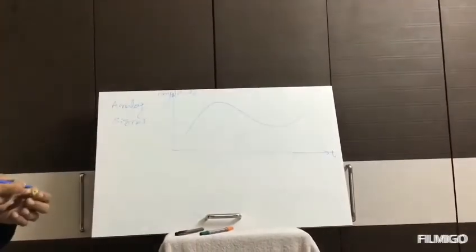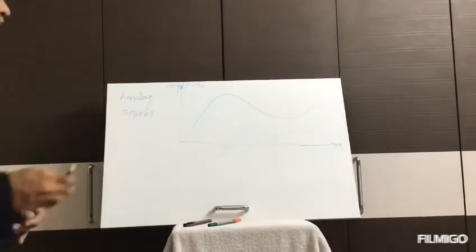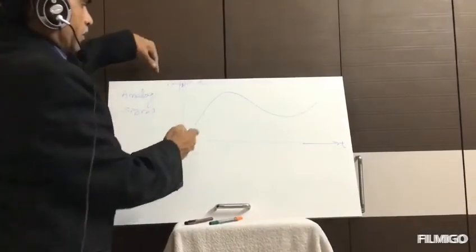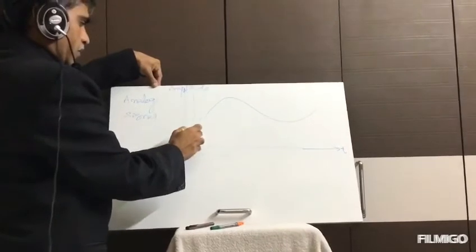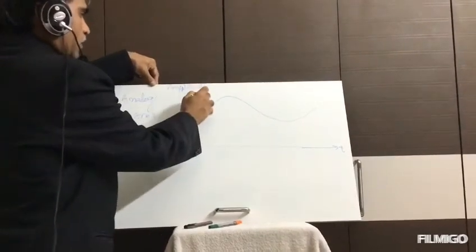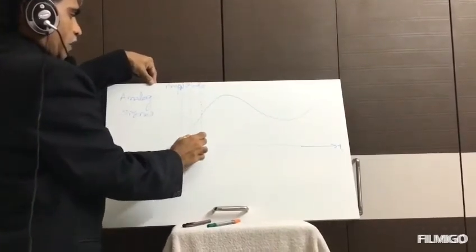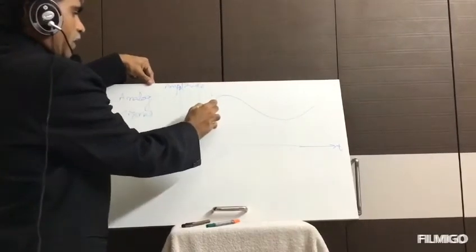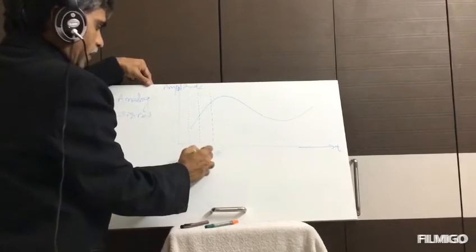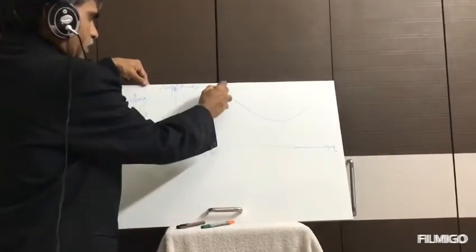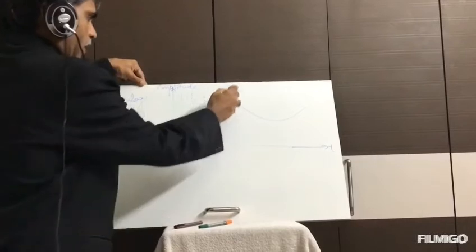Say, a continuous signal, and now we will divide this time axis into so many intervals, where each interval is going to be named as Ts, that is the sampling interval.